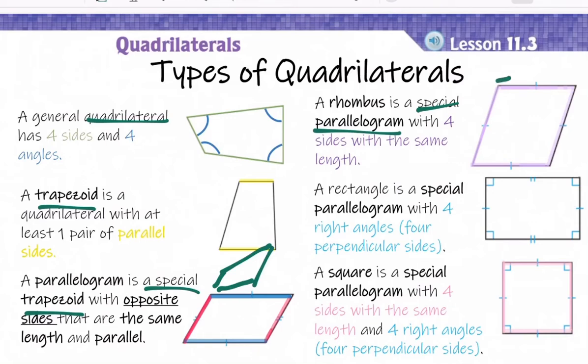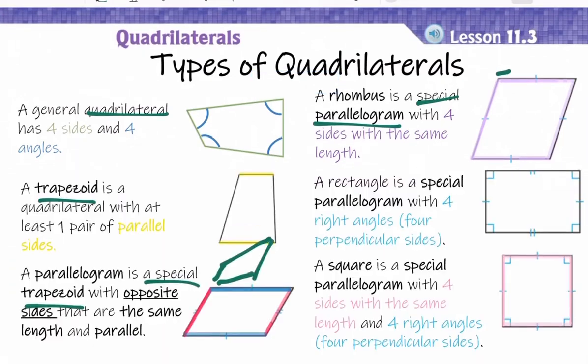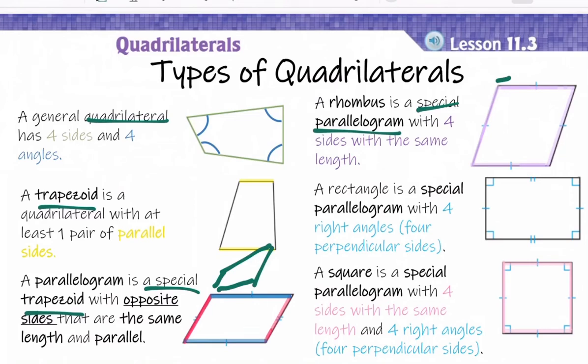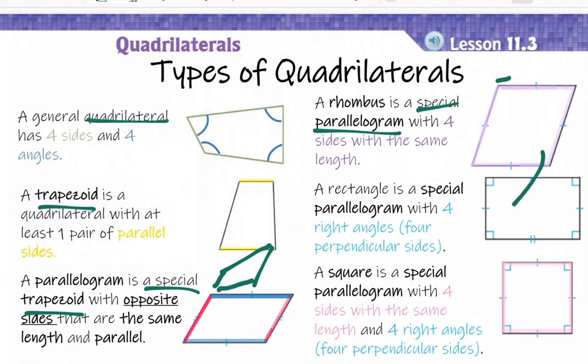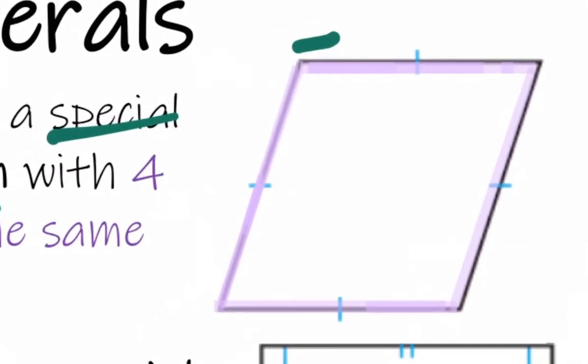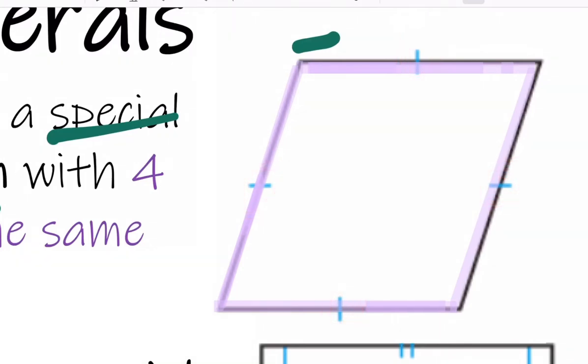Something that I kind of didn't go into last week was these lines right here on the sides. These one-liners right here are telling me that they're all the same length.